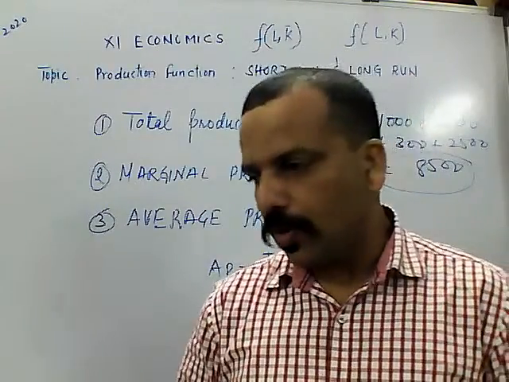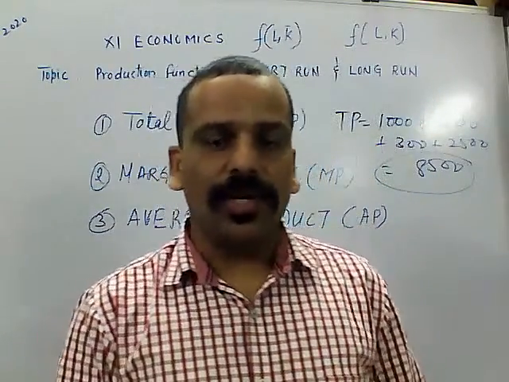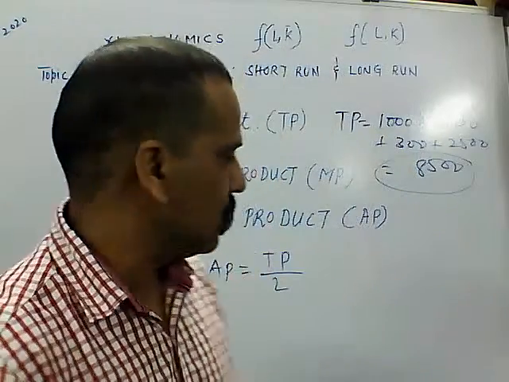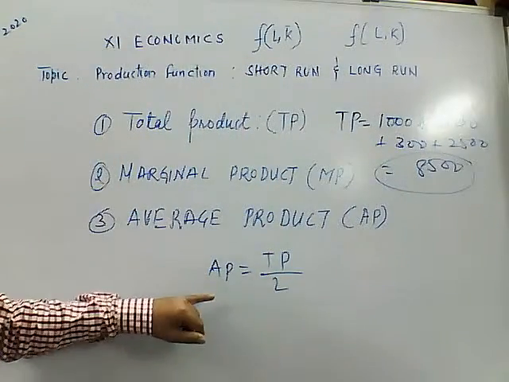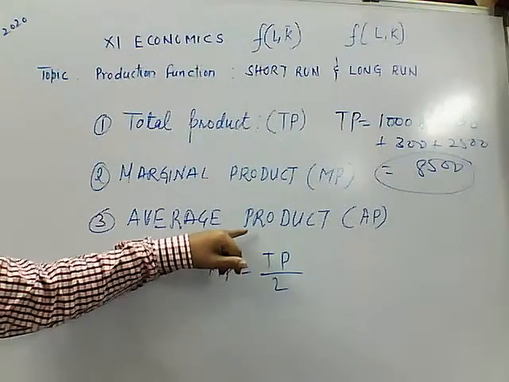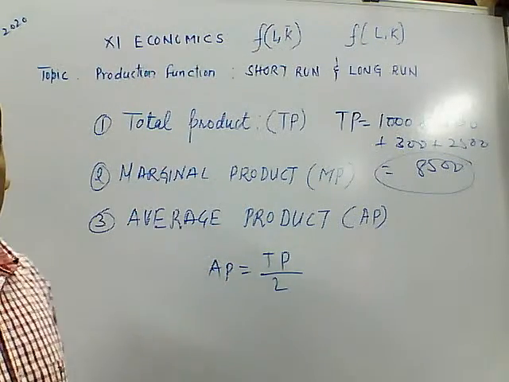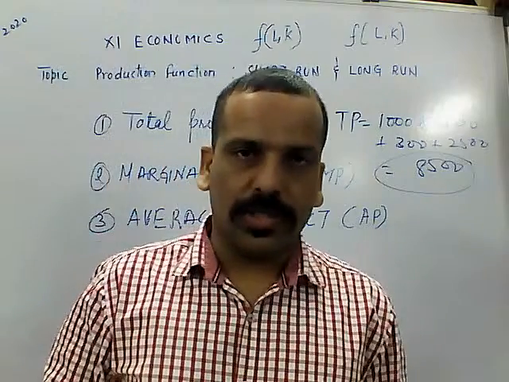AP is total product divided by labor, or the per unit output of the variable factor of production, like your average marks: total marks divided by number of subjects. So average product is very simple.